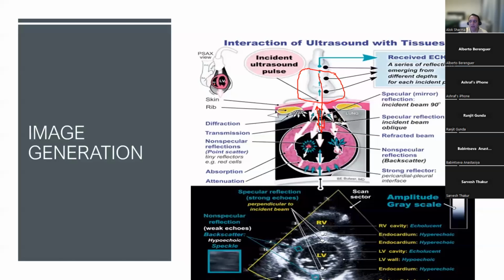And this could involve reflection, it could involve refraction, it could involve absorption of the sound waves with the tissue. And all of these things, whether that's refraction, absorption, result in dissipation of energy of sound waves, which means that the way they interact with the tissue will be varying.